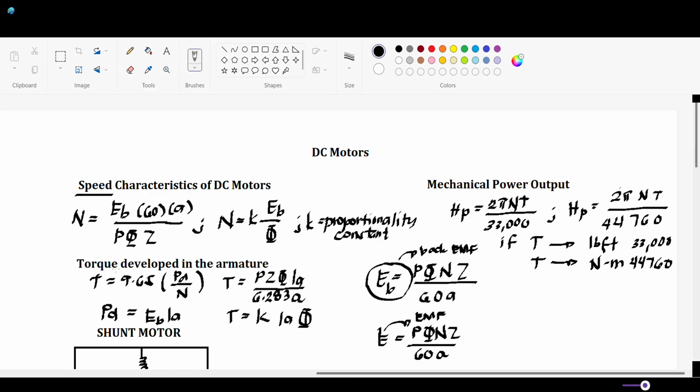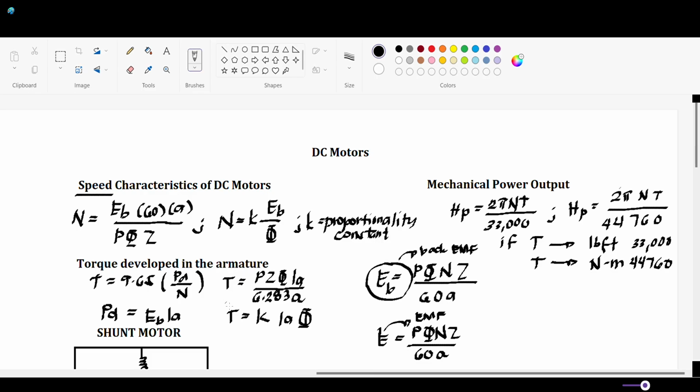For the torque developed in the armature, since motors are rotational, there will always be torque developed in the armature. That is T is equal to 9.65 times power developed divided by N, wherein power developed will be equal to the back EMF times the current in the armature.